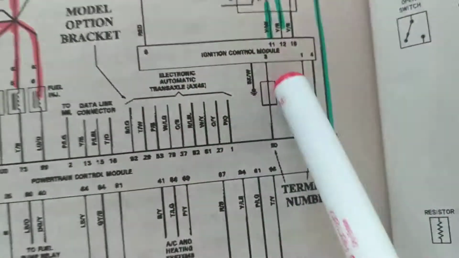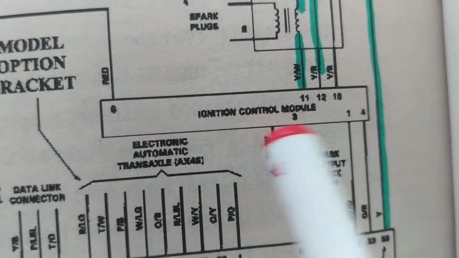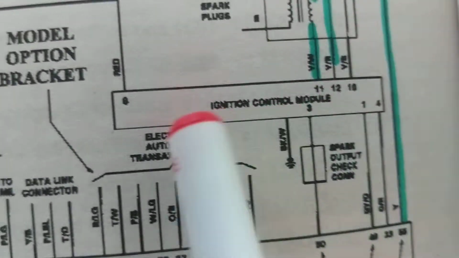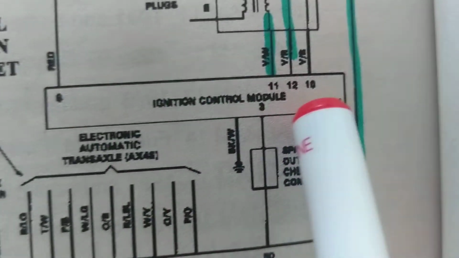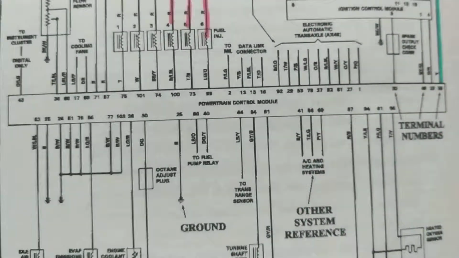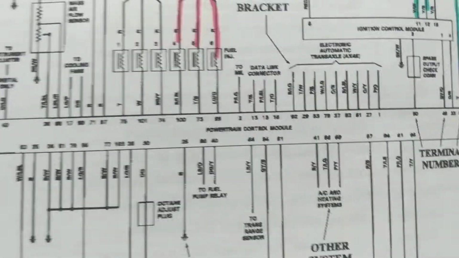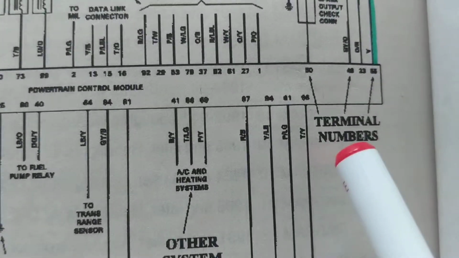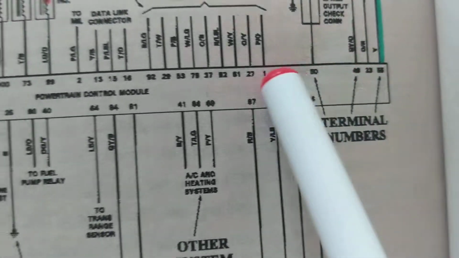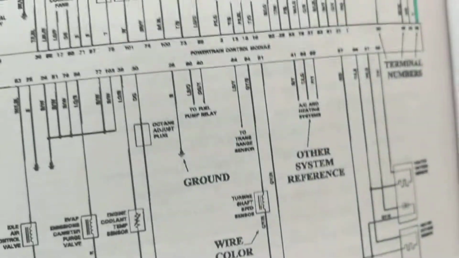This is like an enclosed module. So if you're looking for a specific thing on the module or a terminal, you'll be following this pin number, 11, 12, 16, 3, whatever you need. Now, power control module has sometimes 200 pins. So therefore, you'll be referring to all these different numbers, as you can see.